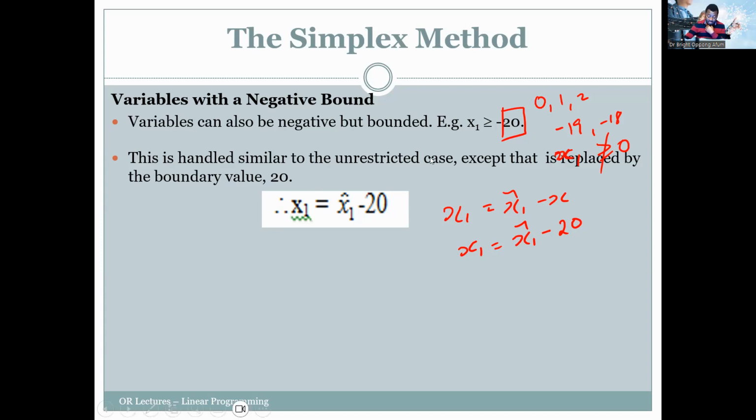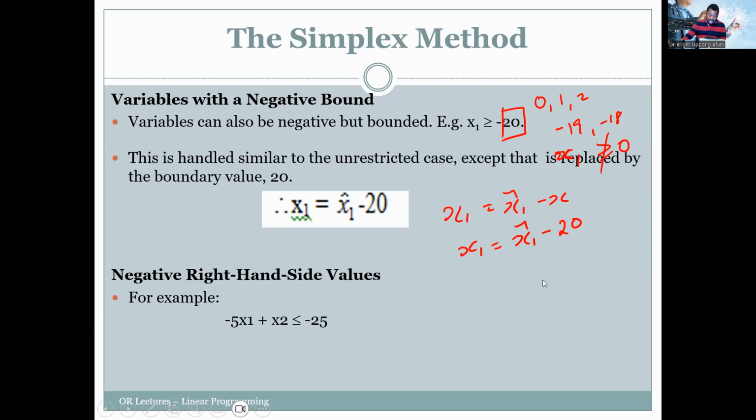We can also have negative right-hand side values. Like for instance, we have negative 5x1 plus 2x2 is less than or equal to negative 25, right?